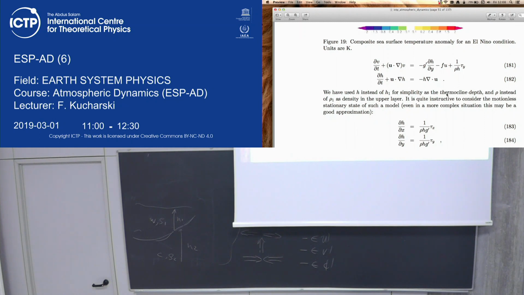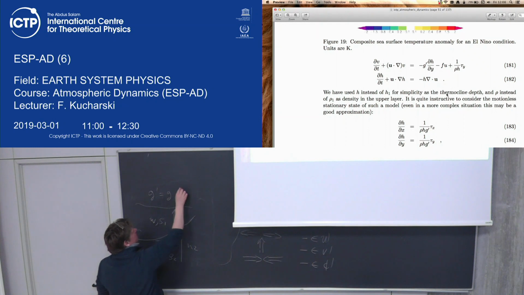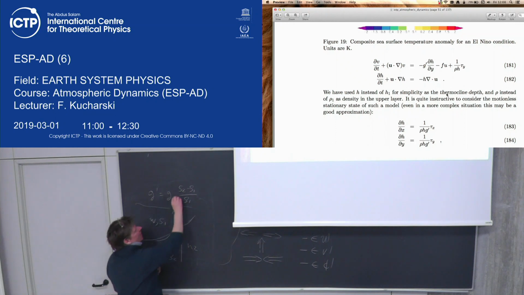But g is called reduced gravity, and g prime is g times rho 2 minus rho 1 divided by rho 1. So this relative change is about 0.01.